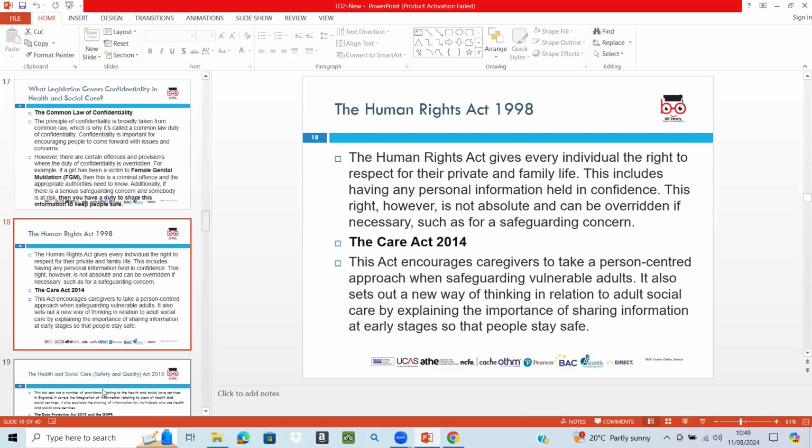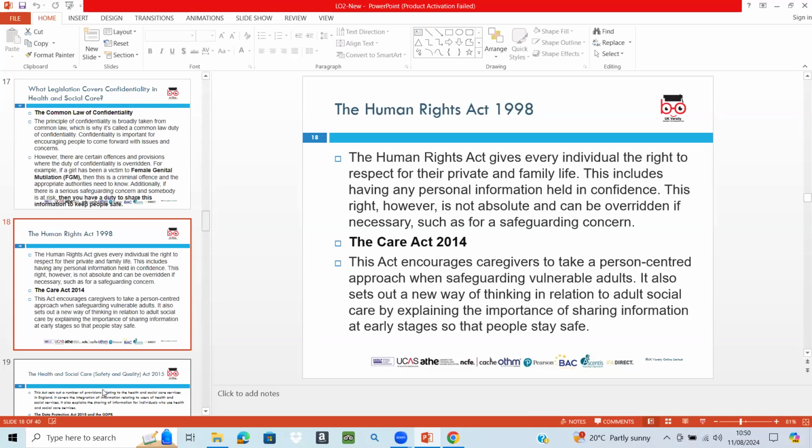Section 8 is the right to respect for private and family life. We use it for the basic human rights.